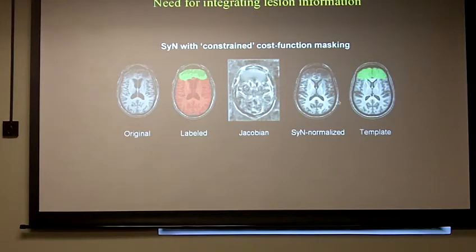So it's similar to traditional cost function masking, but it can deal with larger lesions and bilateral lesions, which are more challenging for traditional cost function masking. If the lesion gets larger or bilateral, then it was known that traditional cost function masking didn't work well.